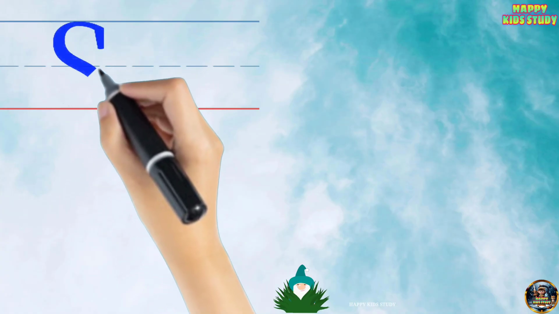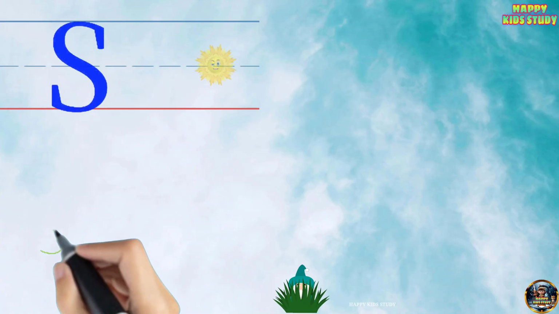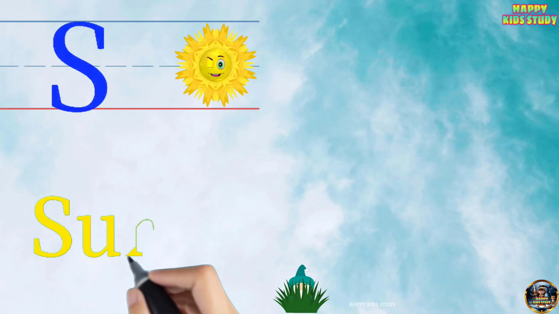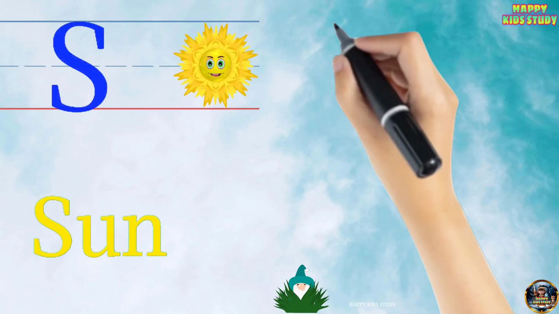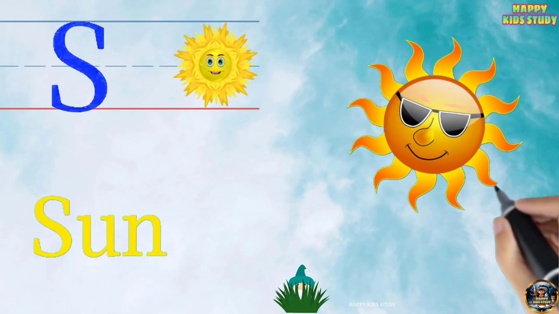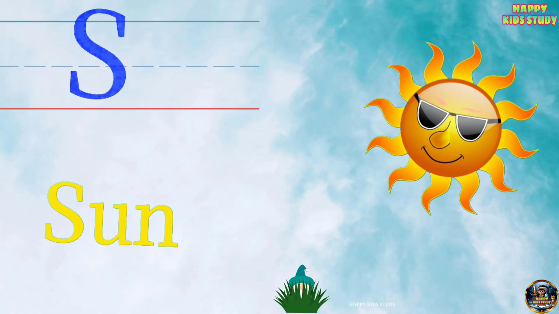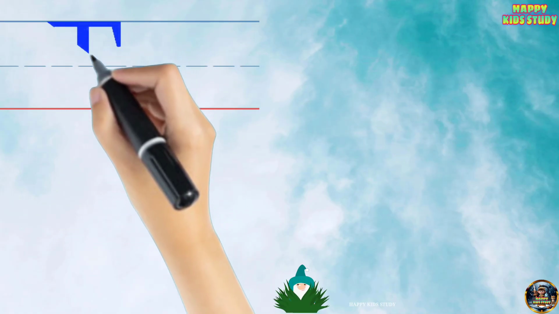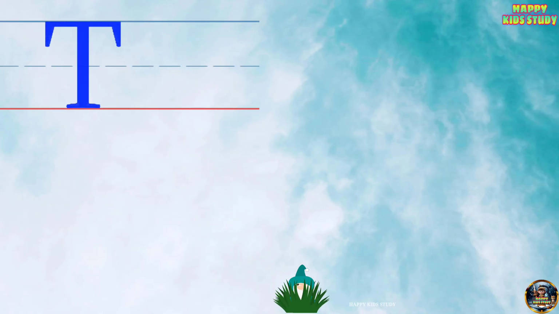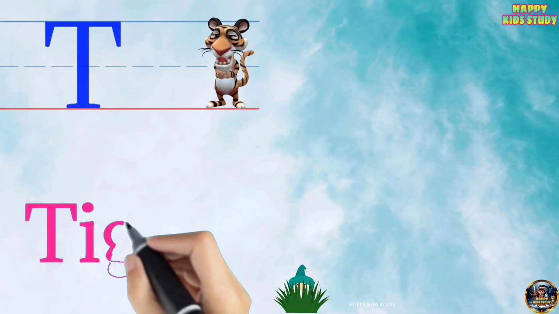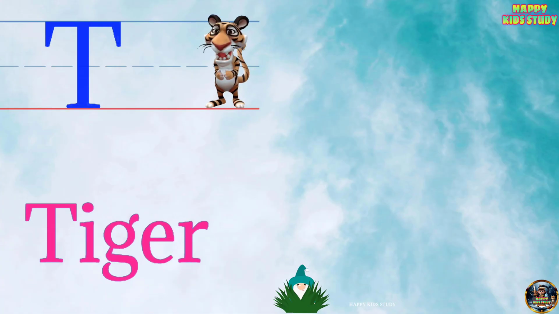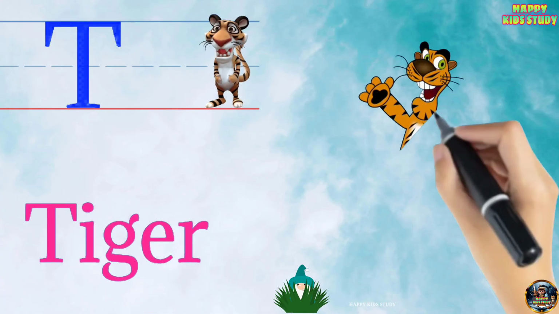S. S for sun. Sun means Suraj. T. T for tiger. Tiger means bagh.